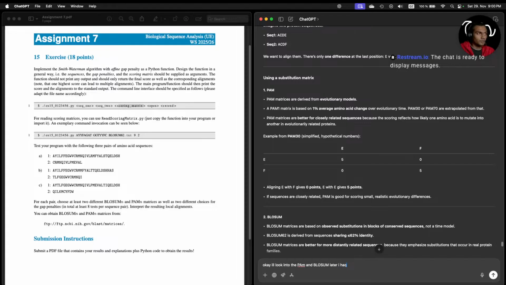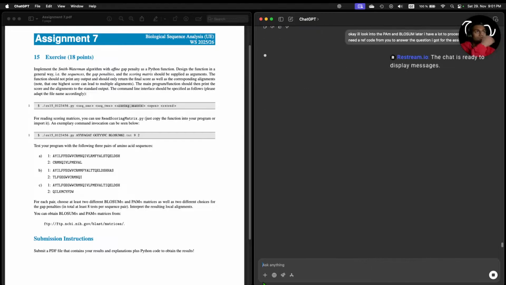For each pair, choose at least 2 different BLOSUM.